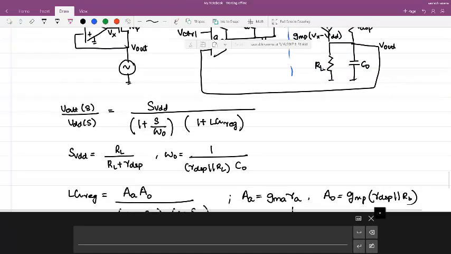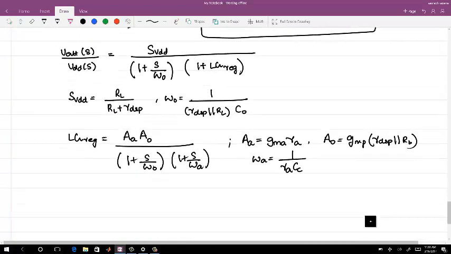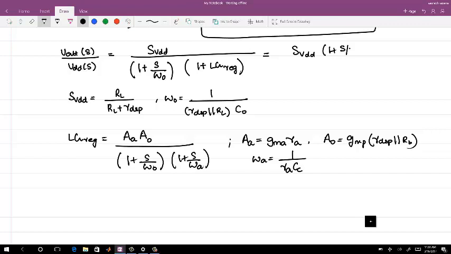So this is the transfer function. The other way I can write this, because you see that the loop gain is having two poles, is SVDD into 1 plus S by omega A, into 1 plus S by omega A times 1 plus S by omega O, plus A naught and A amplifier.